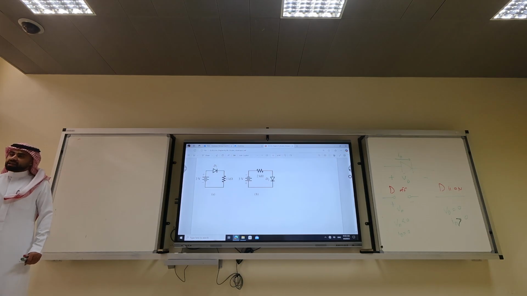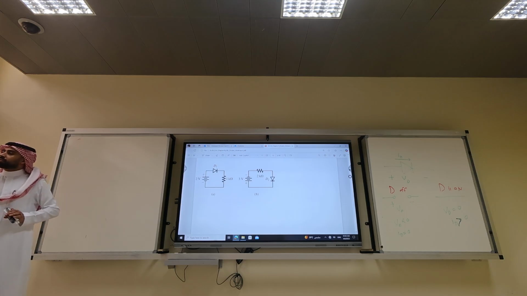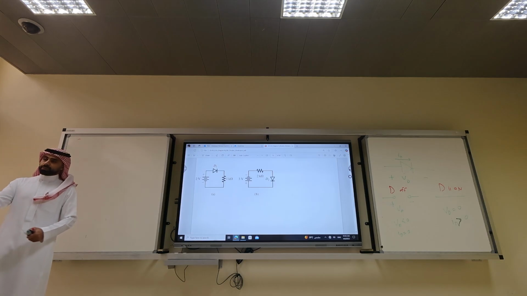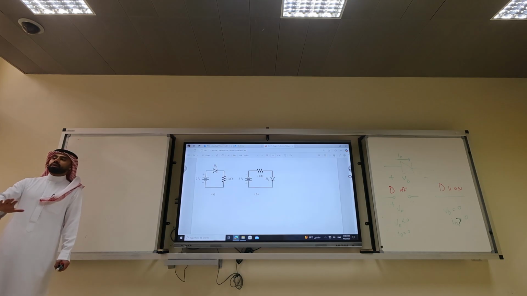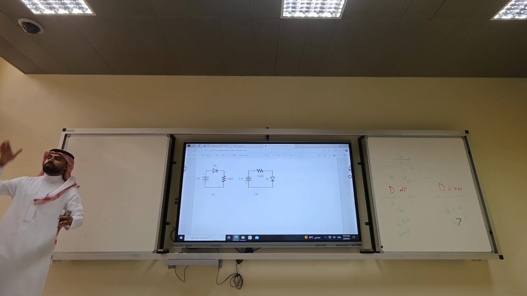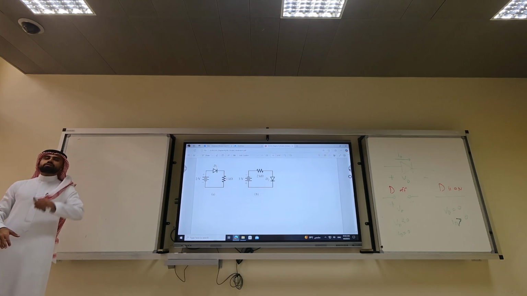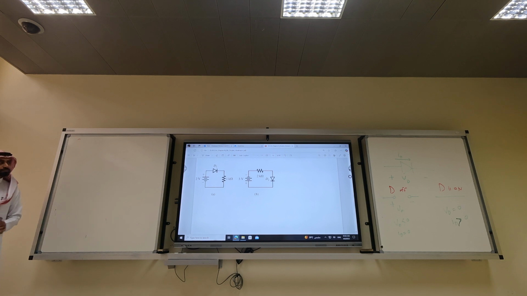If it's too high negative, we may reach a breakdown region, but we will not cover it today. If it's too high positive, we don't care. In reality, if you apply too much voltage, the diode will burn off. If you look at the data sheet of any diode, they will tell you the highest voltage, the smallest voltage, etc.